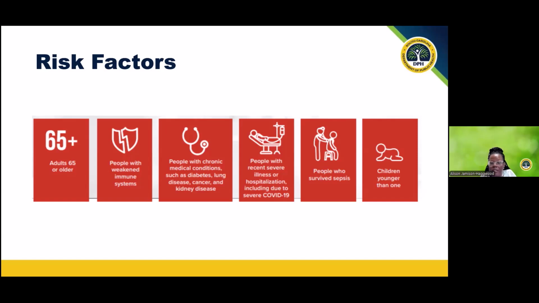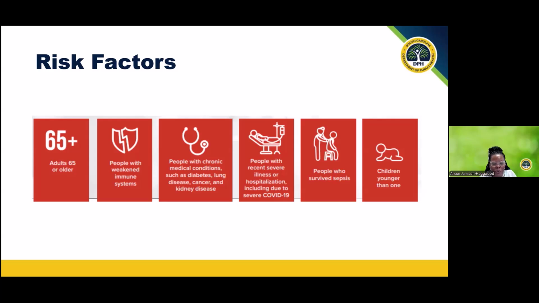And you may say, well, why would people who survive sepsis be a risk factor? Well, we have to remember that if they had sepsis, they had a lot of stress on the body. A lot of their organs may have become damaged because of sepsis. So they're at higher risk because they may also be immunocompromised.